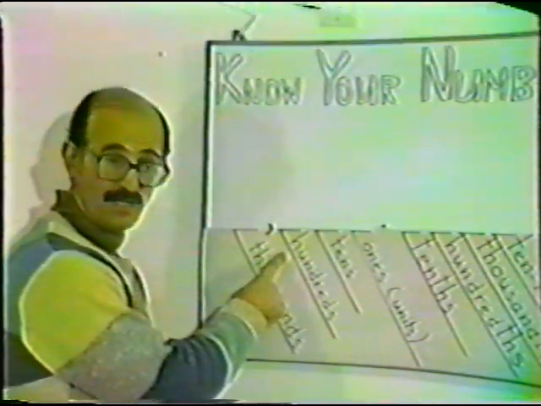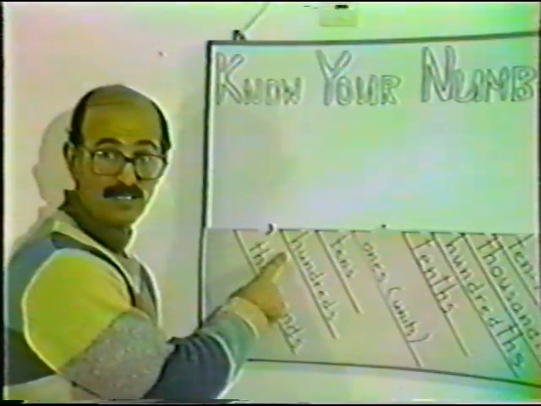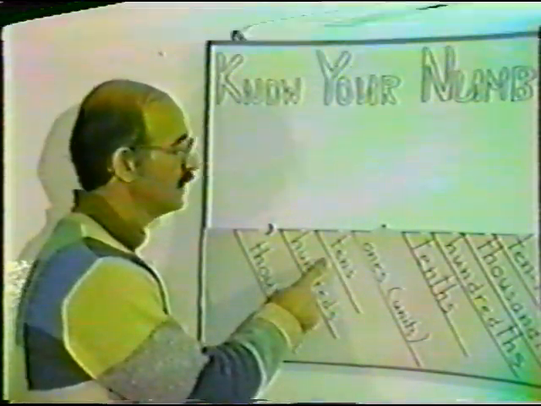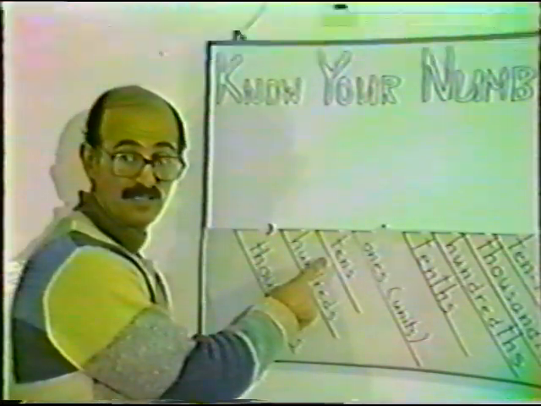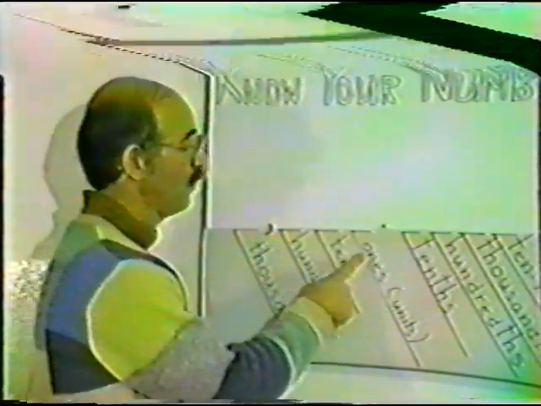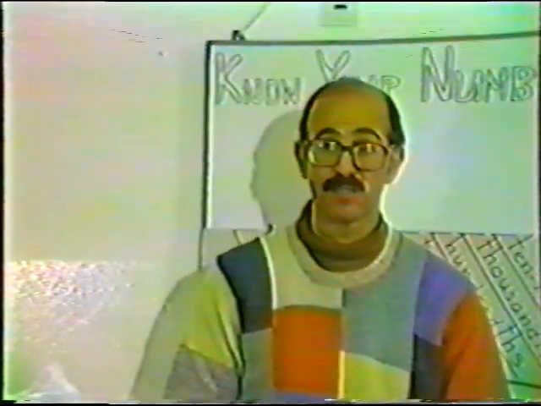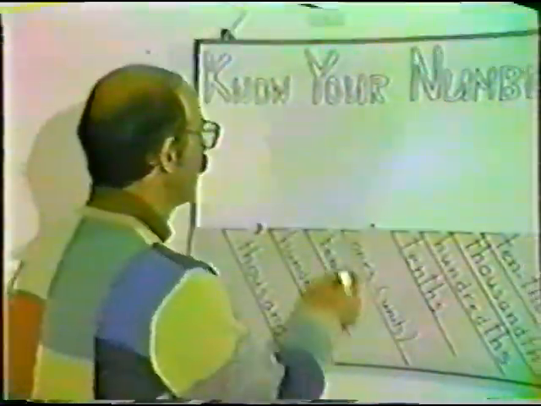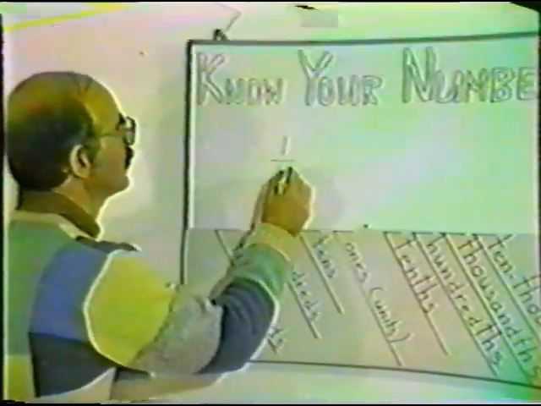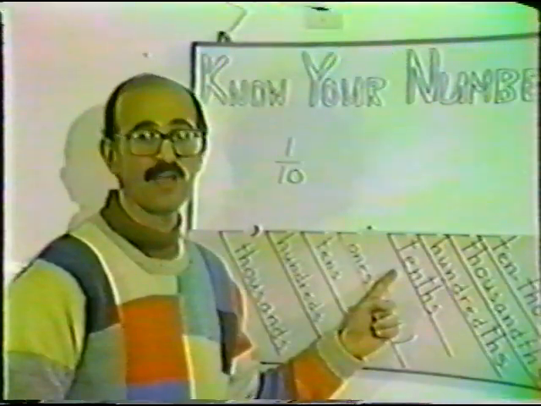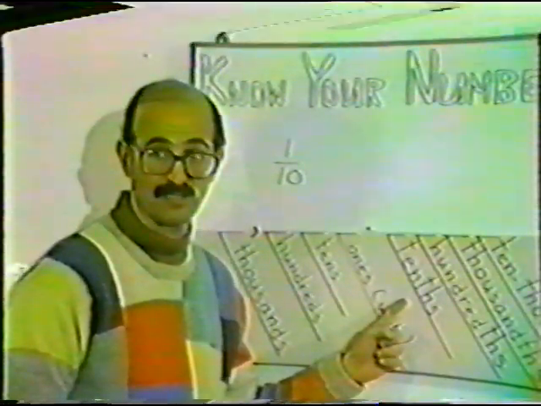And 100 divided by 10 is? 10. And 10 divided by 10 is? 1. And 1 divided by 10 is? 1/10. Yes, 1/10. And that's why we call this the tenths place.